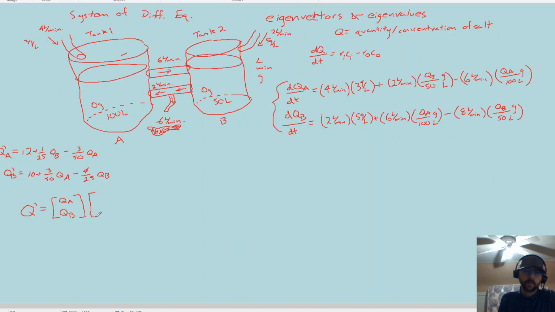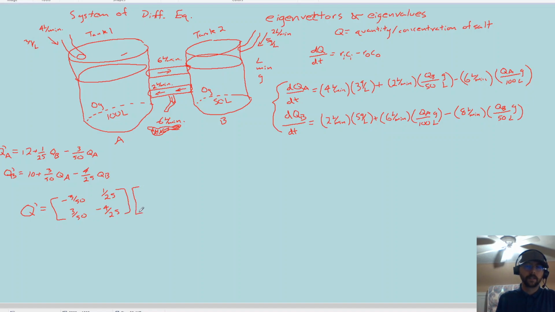So I'm going to put QA first: negative 3 over 50, and then 3 over 50. QB on the top is 1 over 25, on the bottom negative 4 over 25.